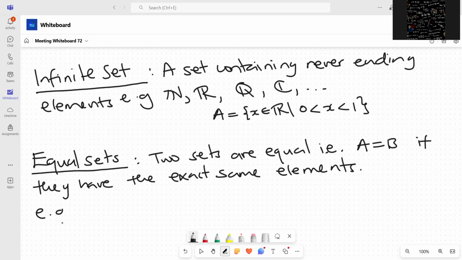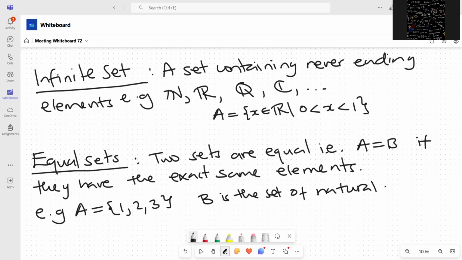So for example, if we have A is equal to 1, 2, 3, and B is the set of natural numbers less than 4, then here we can see that these two are definitely equal.